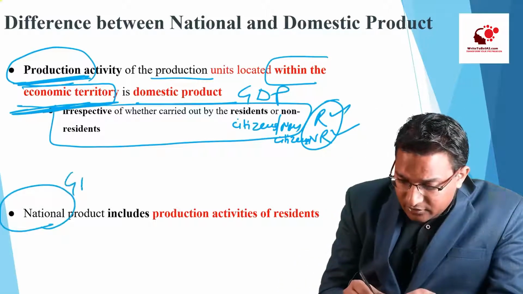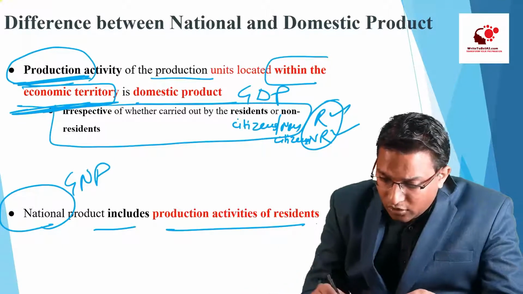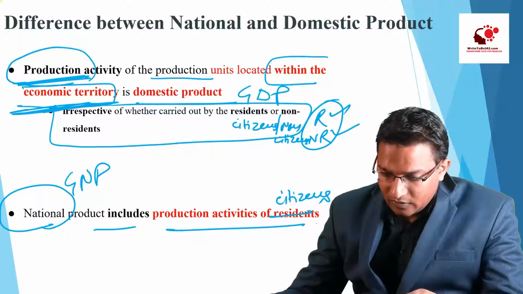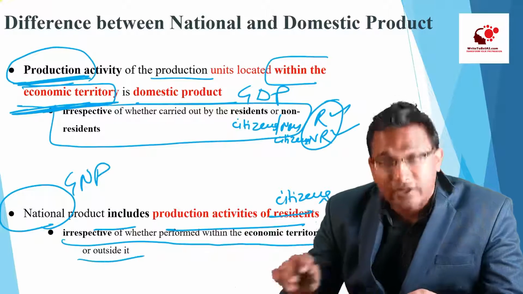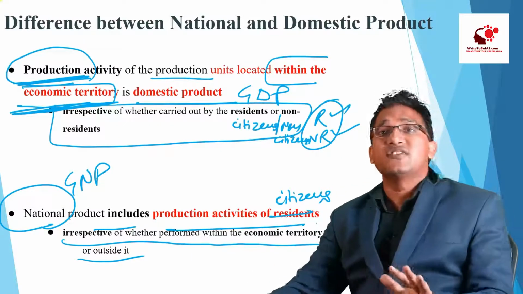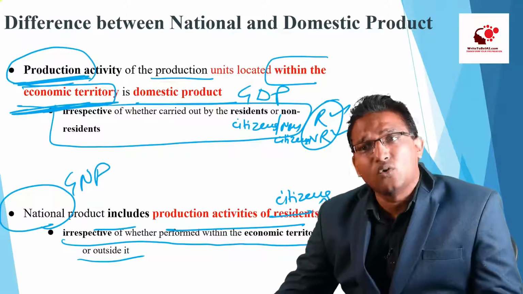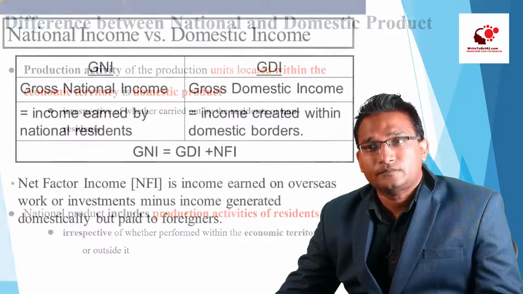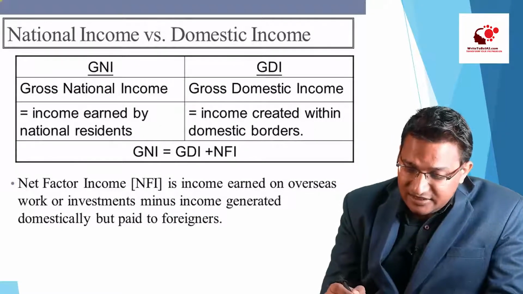National income or GNP includes the production activities of residents, or better word is citizens, irrespective of whether performed within the economic territory or outside. So the nationals of the country, the citizens of the country, whether they are carrying the production activity inside India or outside India, all of that is part of the GNP. In other words, this is how we can see this.